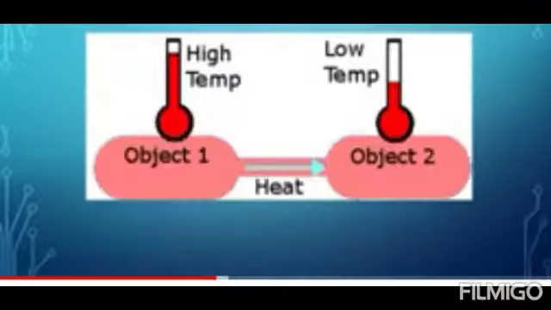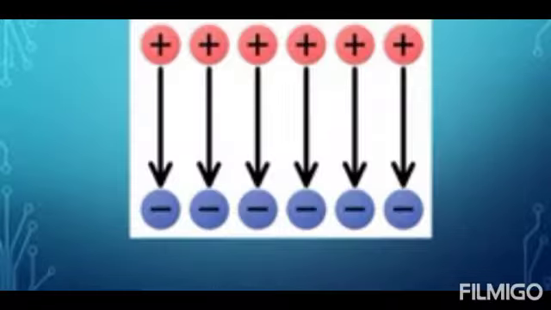In the same way, heat also flows from a body at high temperature to a body at low temperature. Similarly, there is a tendency of positive charge to flow from a point of higher electrical level to a point of lower electrical level.